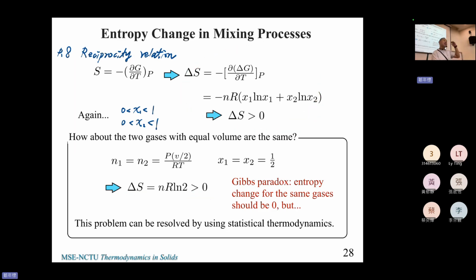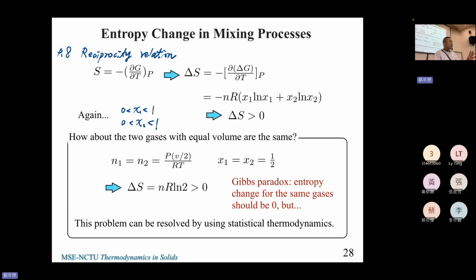But if they are the same gases, the entropy change or Gibbs function change should be 0, because they have exactly the same equilibrium state, and when we take out the wall, they are still exactly the same. So it is a paradox.